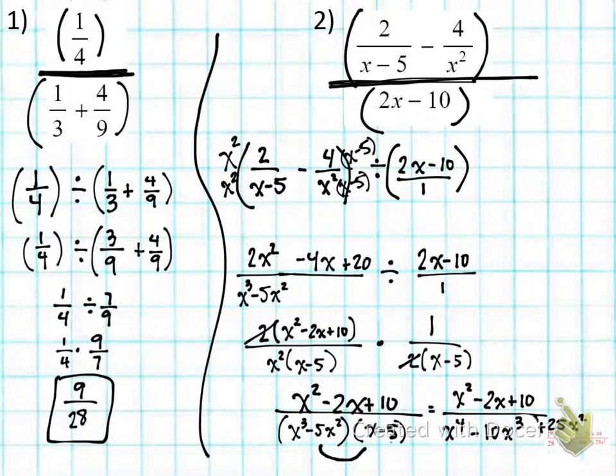X cubed times negative 5 is negative 5x cubed. Negative 5x squared times x is negative 5x cubed again. Negative 5x cubed plus negative 5x cubed will be negative 10x cubed. And then negative 5x squared times negative 5 is positive 25x squared. Combine like terms, and there you go. It's your final answer.